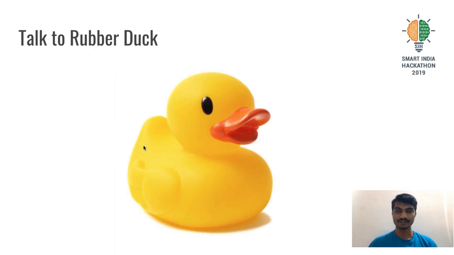What normal developers will do is have a RubberDuck in front of them, or just imagine you have a RubberDuck opposite to you, and they will explain whatever they have analyzed, like the explanation we would give to a person. This explanation will trigger the developer to understand the problem much more, and it will create a clear picture in their mind.